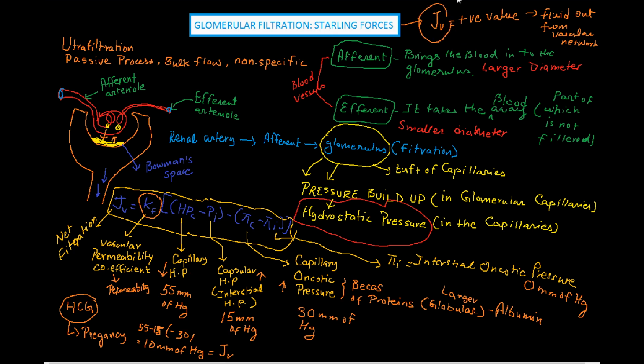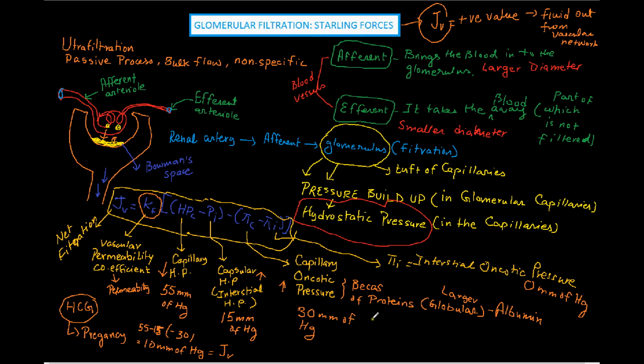And let's talk a little bit about the GFR, which is the glomerular filtration rate. How do we define it? In simple language, it's the amount of filtrate formed per minute.